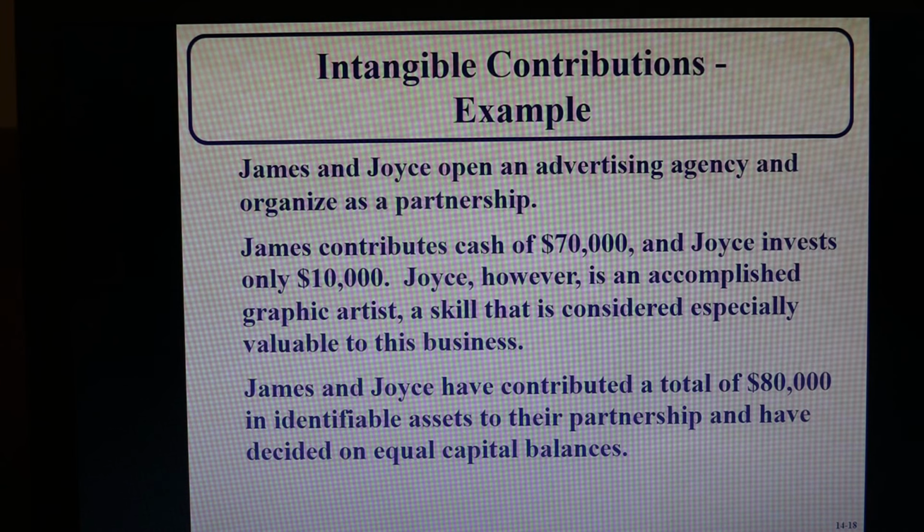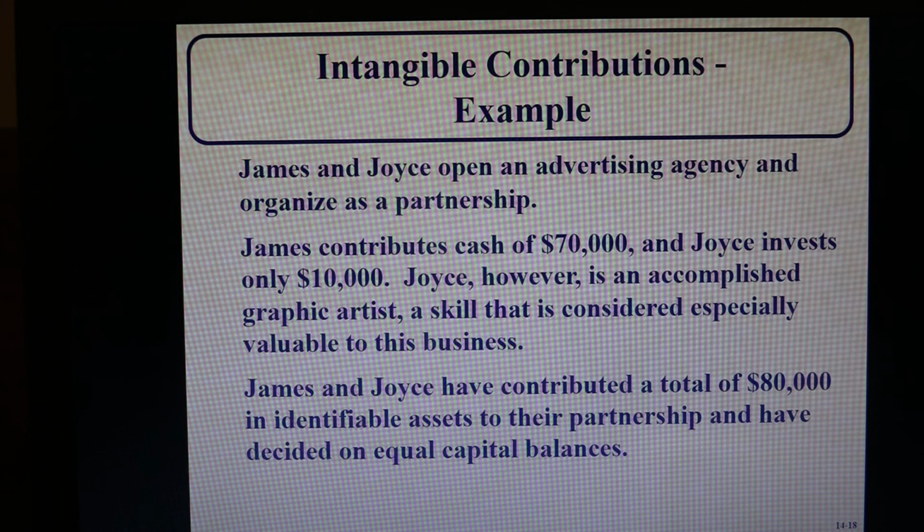So we have an example here. James and Joyce open an advertising agency and organize as a partnership. James contributes cash of $70,000. Joyce invests only $10,000. Joyce, however, is an accomplished graphic artist, a skill that is considered especially valuable to the advertising business.